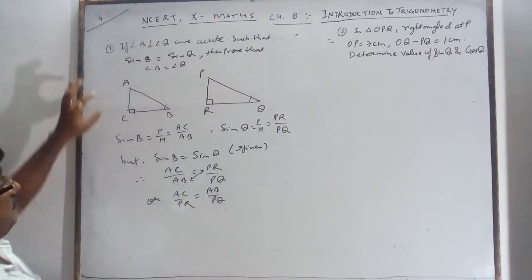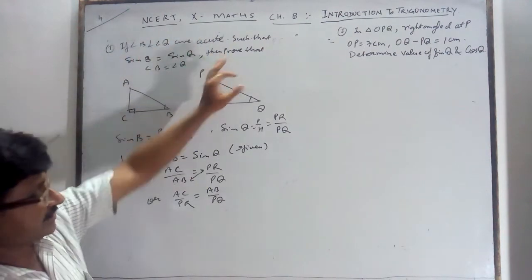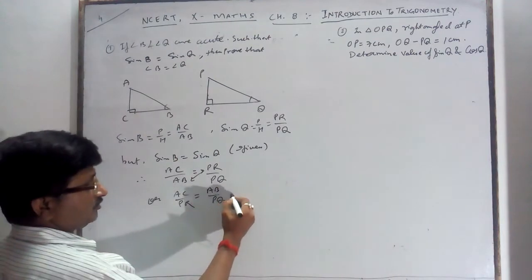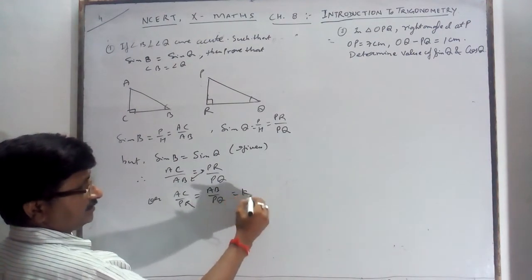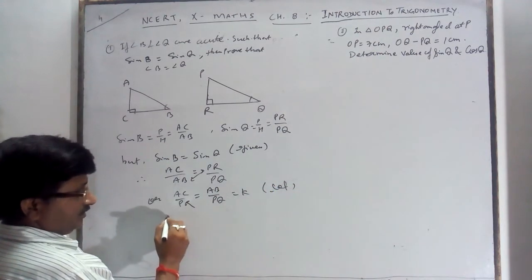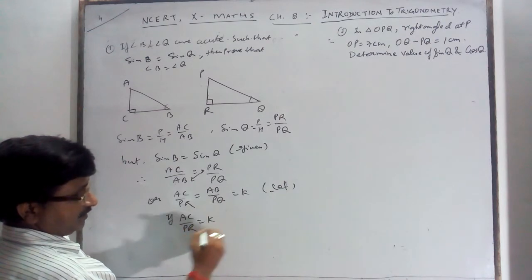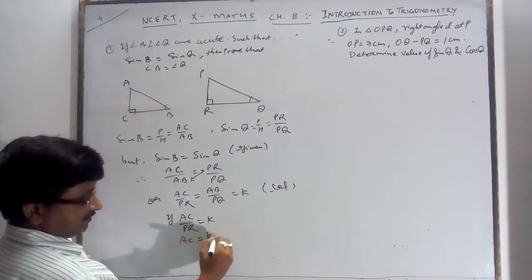Now one side of the first triangle upon the corresponding side of the second triangle are equal. Let both be equal to K. So if AC upon PR is equal to K, then AC is K into PR.